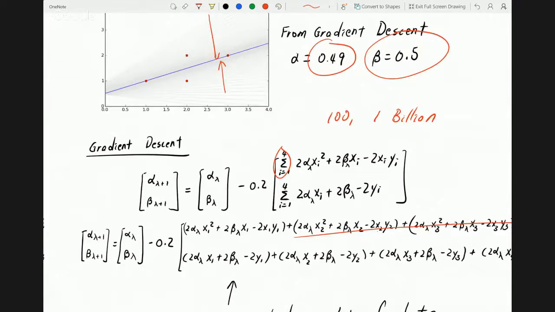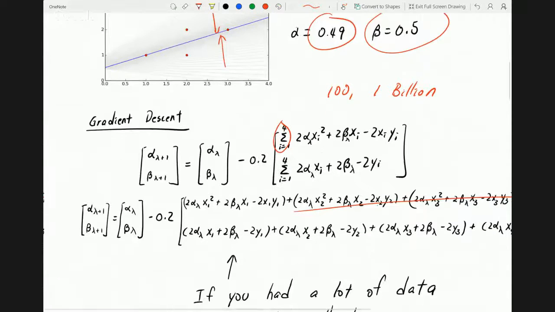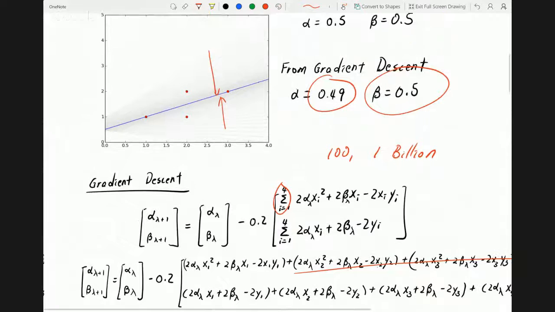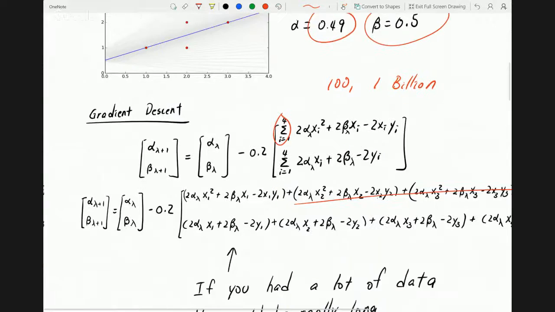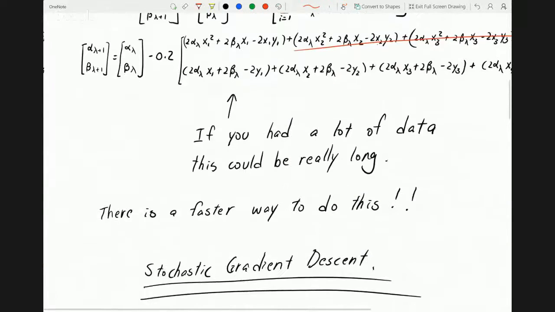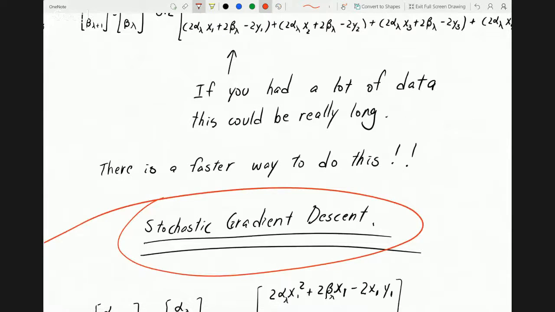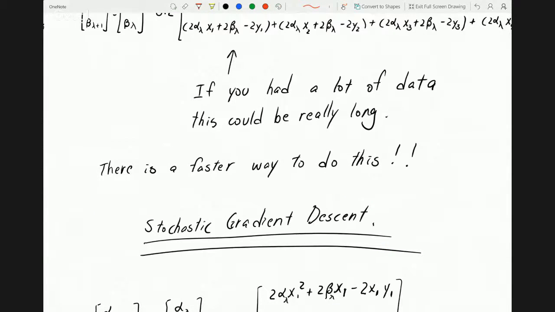So there's another way to do gradient descent where, even with very large data, you can converge to the right value much faster than gradient descent. This approach is called stochastic gradient descent. This actually does much better.